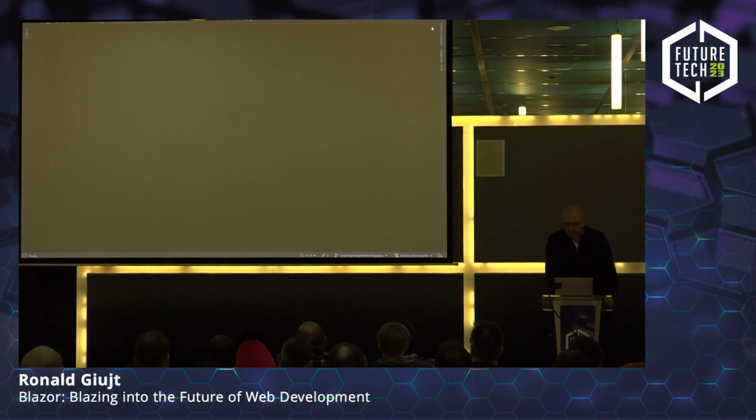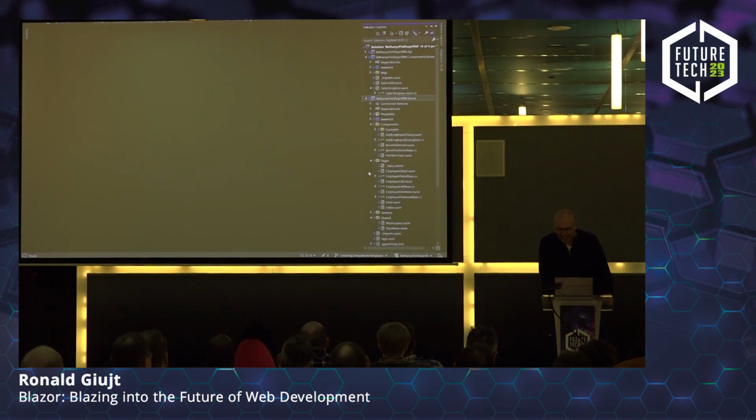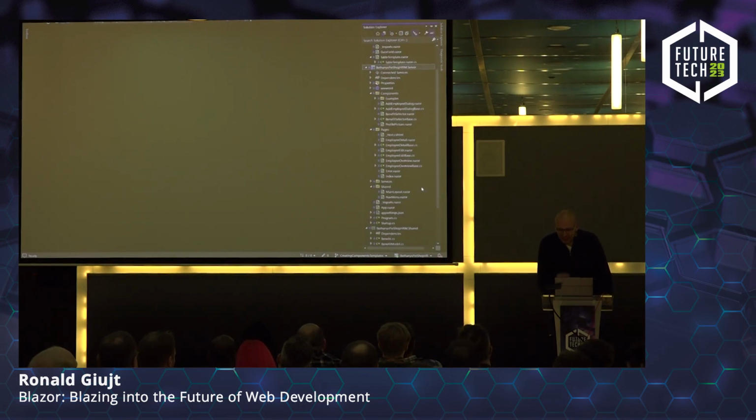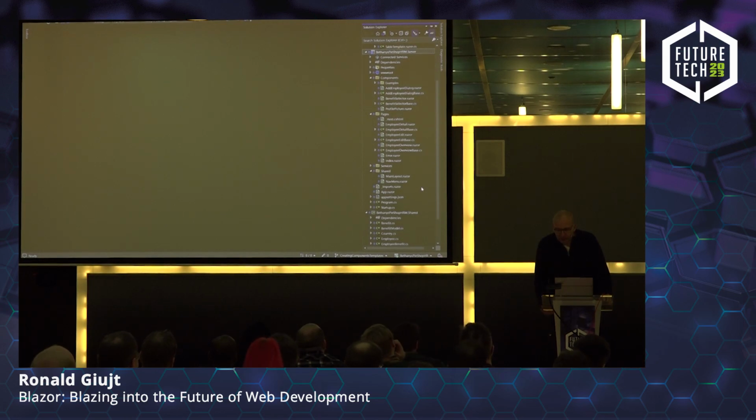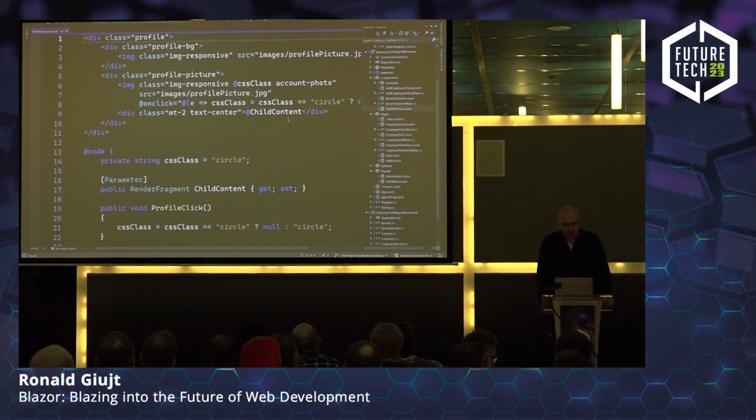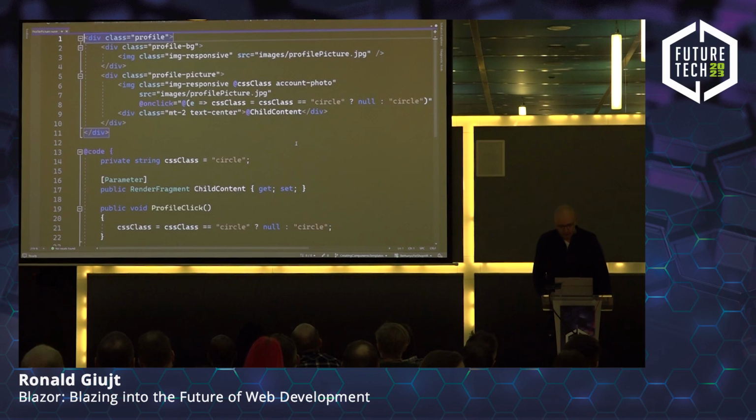So how does this work? Okay, it's the last session, so we can have a bit of fun, right? Let's see, what is this? This component is called ProfilePicture. This is the component. Is this readable? Yeah.